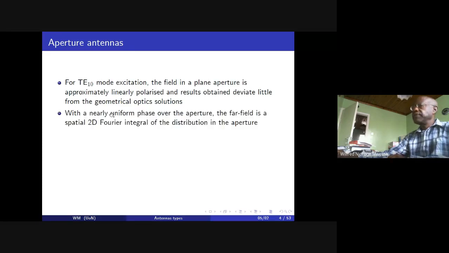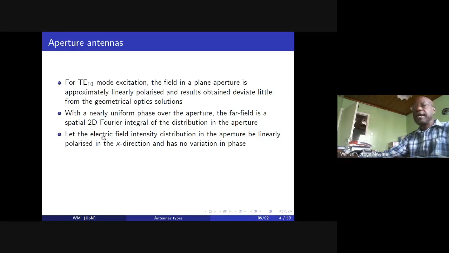So with a nearly uniform phase over the aperture, the far field at P is a special 2D Fourier integral of the distribution in the aperture. So let the electric field intensity distribution in the aperture be linearly polarized in the x direction and have no variation in phase. That is, everywhere it's in phase over the length of that aperture.